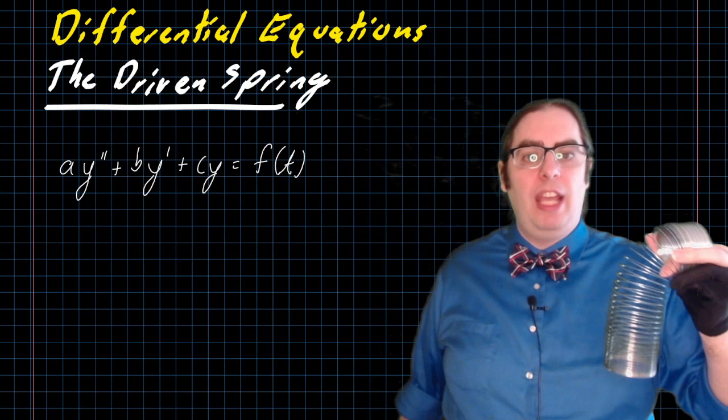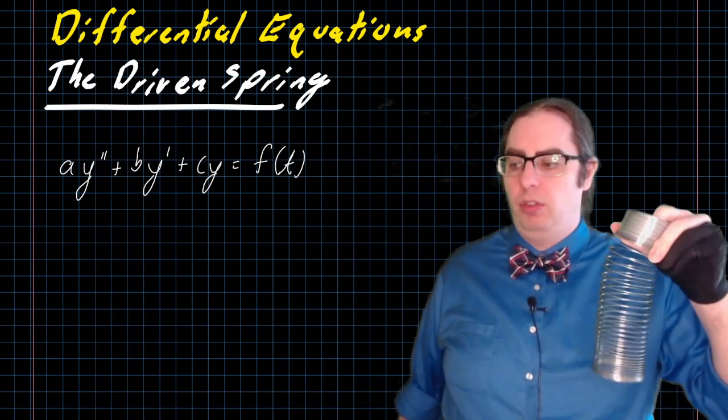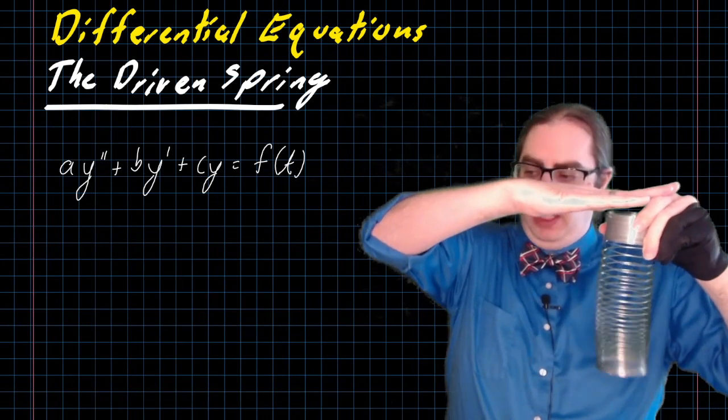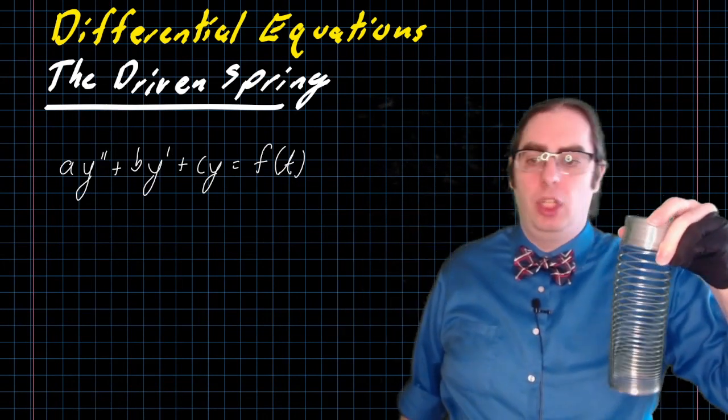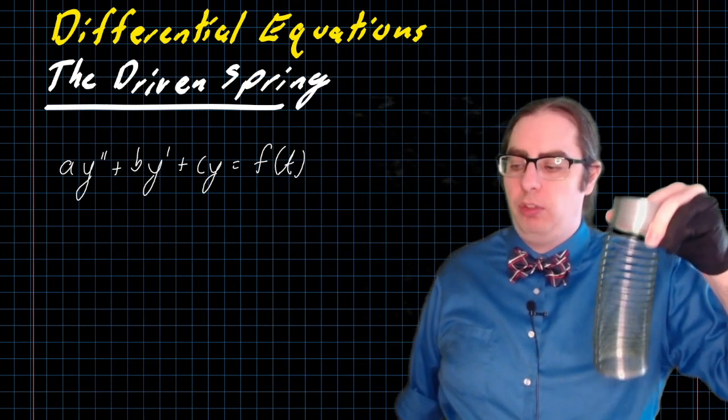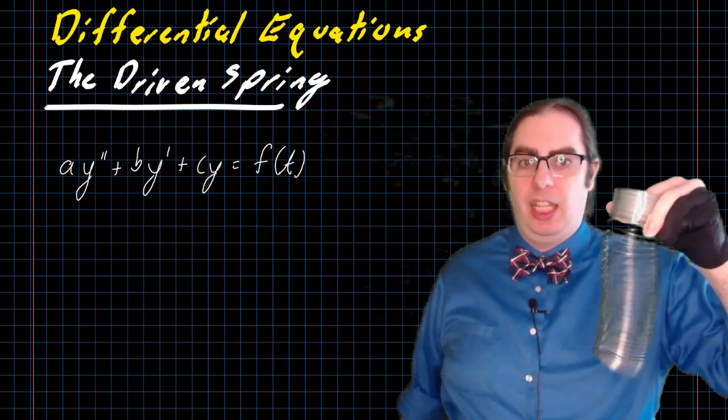So what does f of t represent in this case? Instead of having the spring fixed to the ceiling somewhere, what if somebody was holding the spring and shaking it?